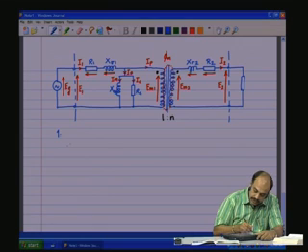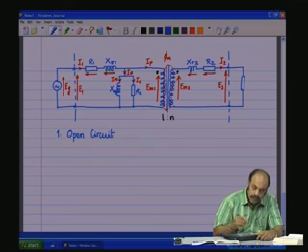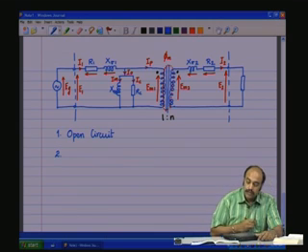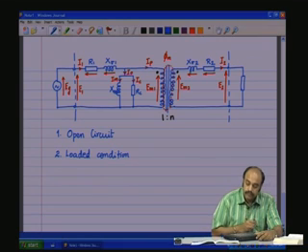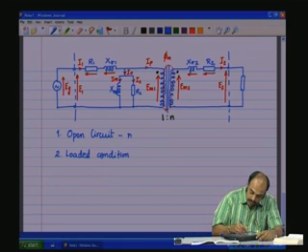One is under open circuit condition, and the second is under loaded condition. The open circuit condition is considered as no load operation.